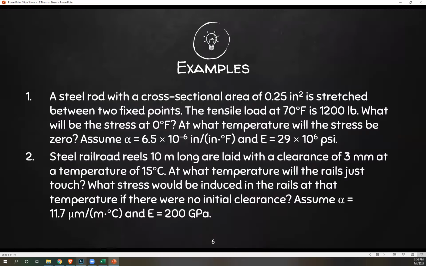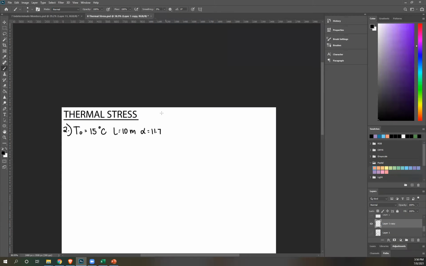Now take note here. It's micrometer per meter. So we need to cancel that. We need to have uniform units. So recall 1 micrometer equals 1 times 10 raised to negative 6 meters.